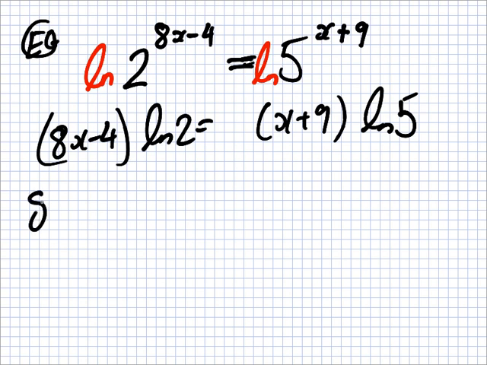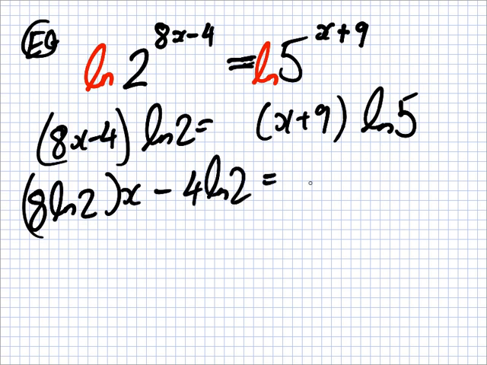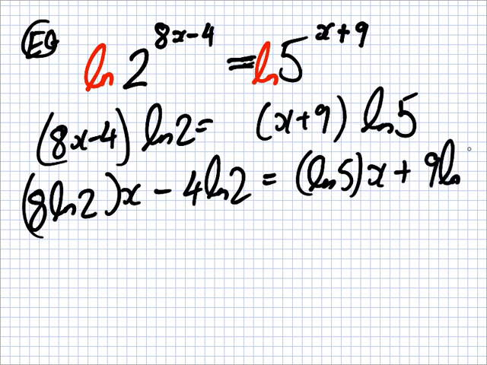So this is 8 log 2 of x minus 4 log 2 equals log 5 of x, times x, plus 9 log 5.